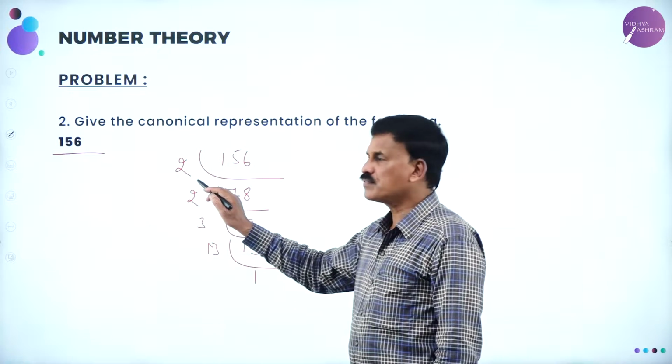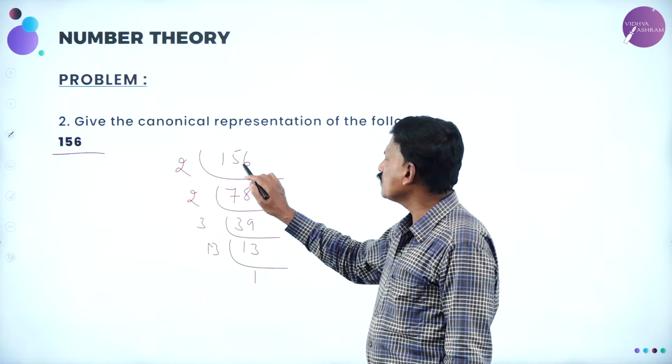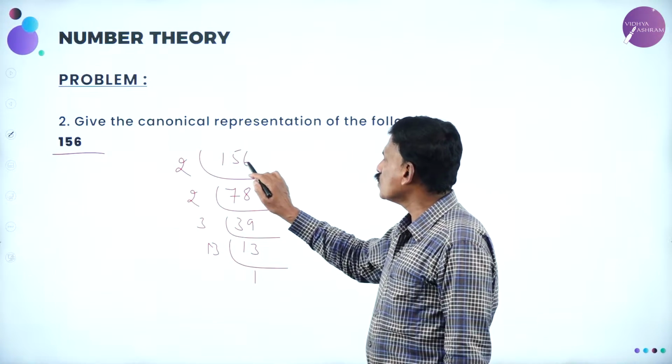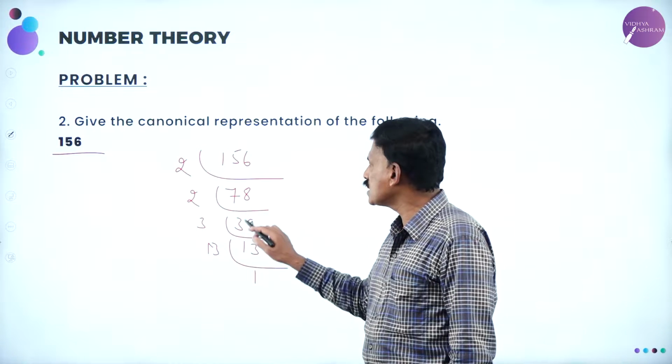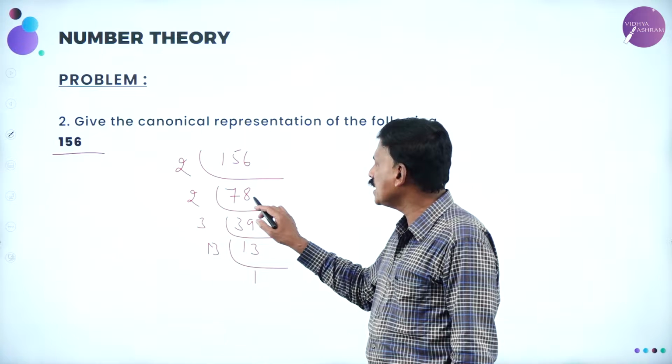So you can divide by 2, 2 7s are 14, remainder 1, 16 is there. So 2 8s are 16, again you can divide by 2, 2 3s are 6, remainder 1, 18.